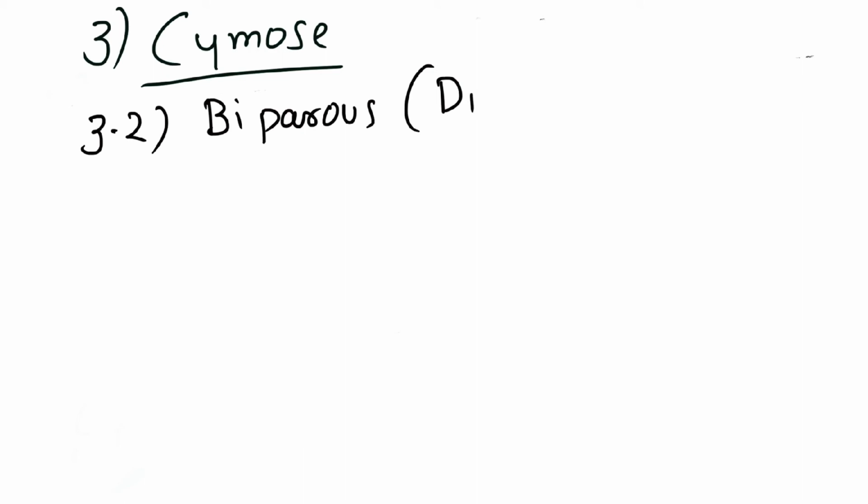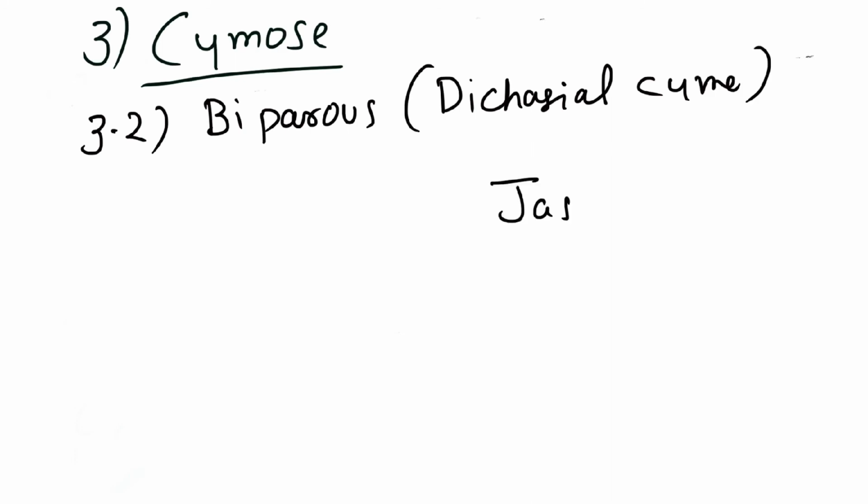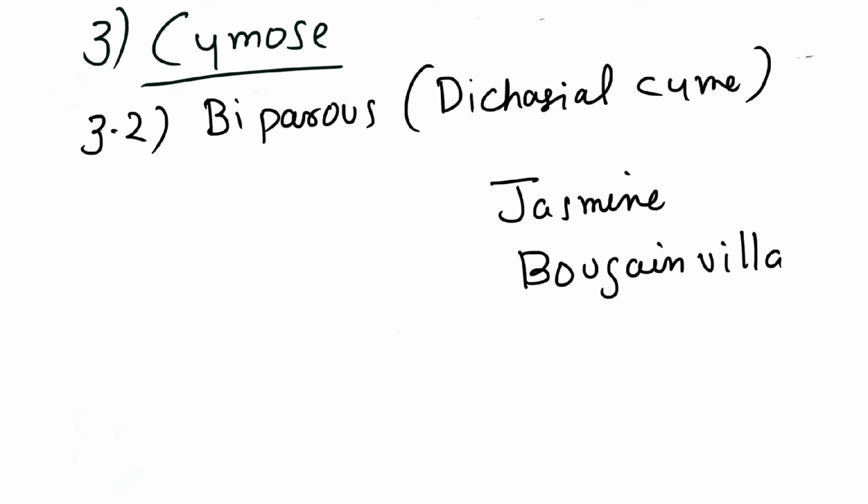Going on to the second subdivision under Cymose inflorescence, the first one was uniparous, the second one is biparous or dichasial cyme. As I already mentioned, the whole division is based on how many branches are getting formed. In this case, it simply means that we are dealing with two branches after the main branch, or the branch which ends in a flower.